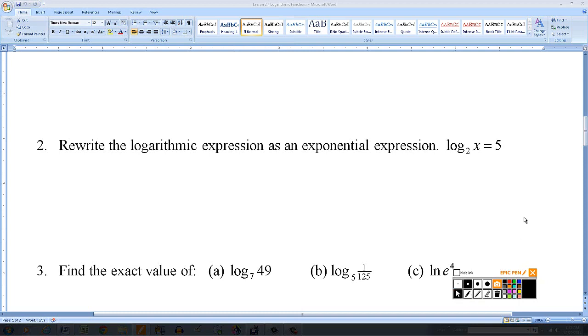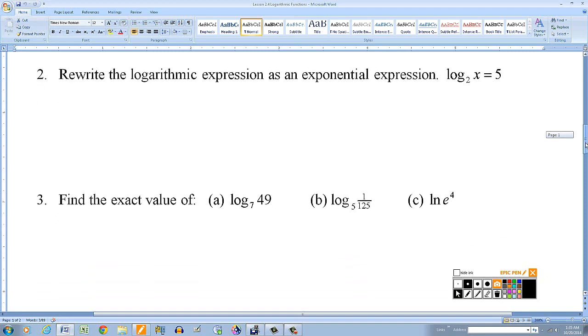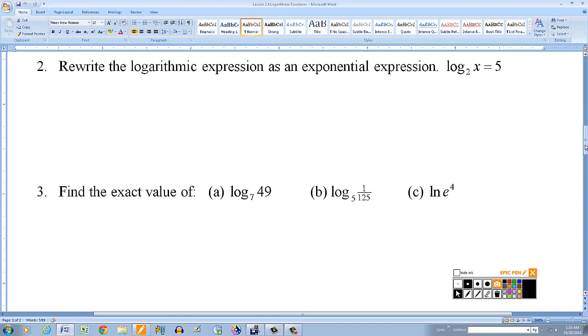In the next examples, I'm simply using the definition of log. I'm not going to use your calculator here. Remember, with the calculator you can find the answer if the base is 10 or e. Here I have different bases. These are examples where I'm going to get the exact answer.